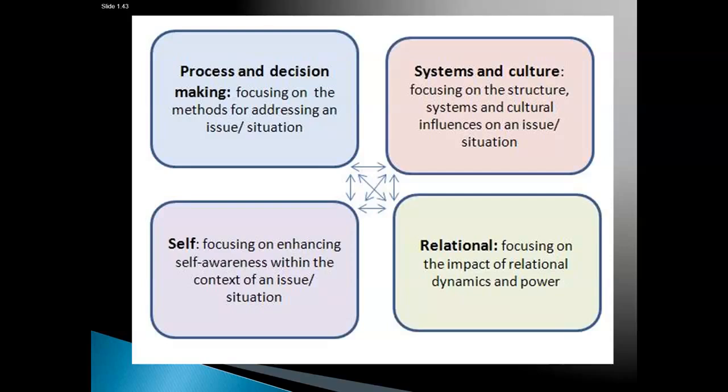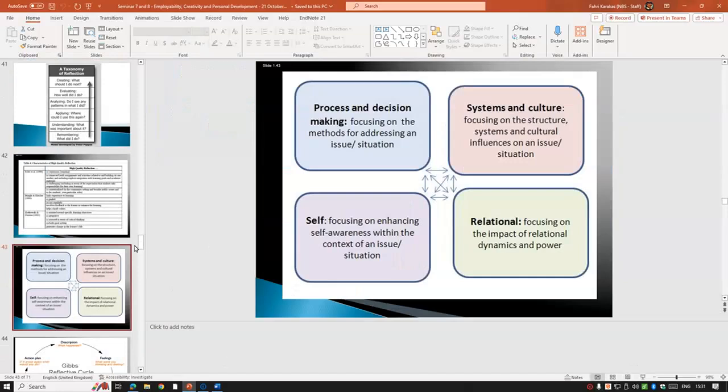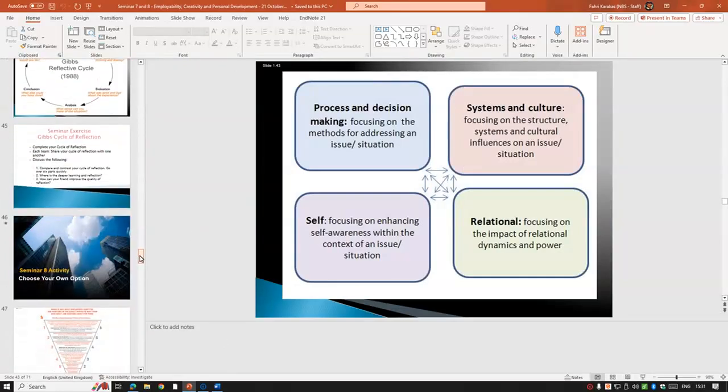Enhancing it. Your blind spots, especially if you have had some, how do you address them? And the relationships, relational dynamics and power. Can you reflect on these? If so, please take a note. Okay, so that's how you do this.